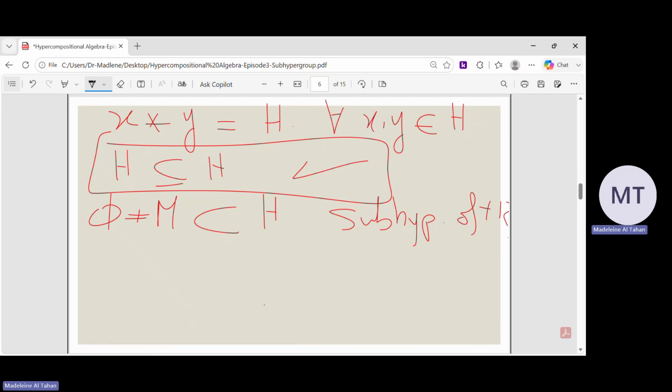Now, if M is a proper subset of H and it is a subhypergroup of H, it means that we will have A in M because it's not empty, and we have A star M equal M star A equal to M, right?